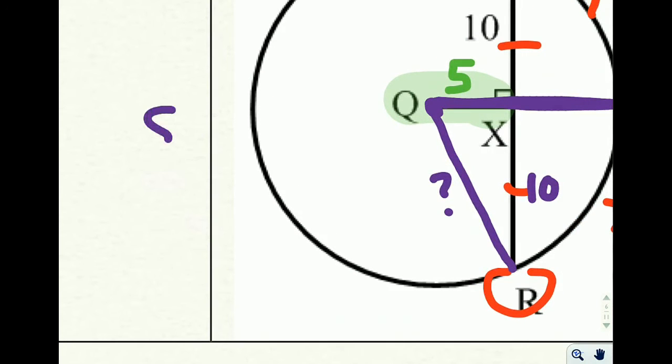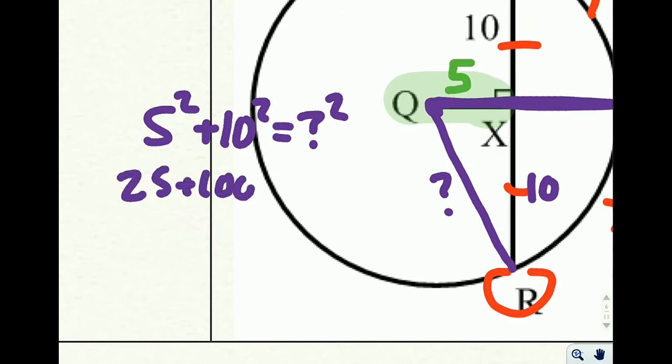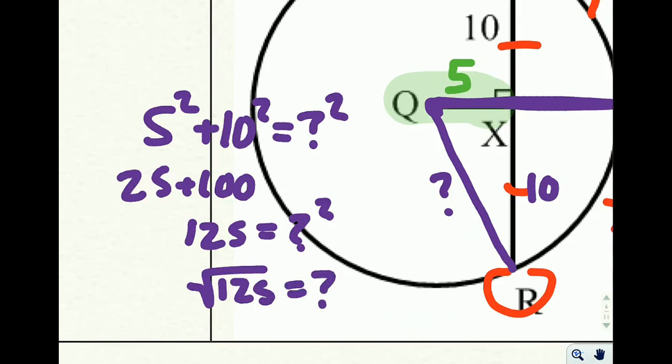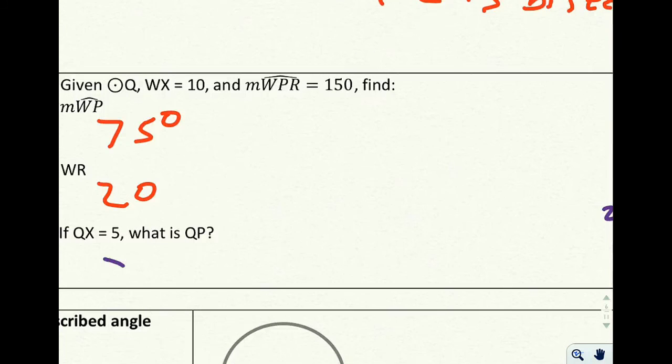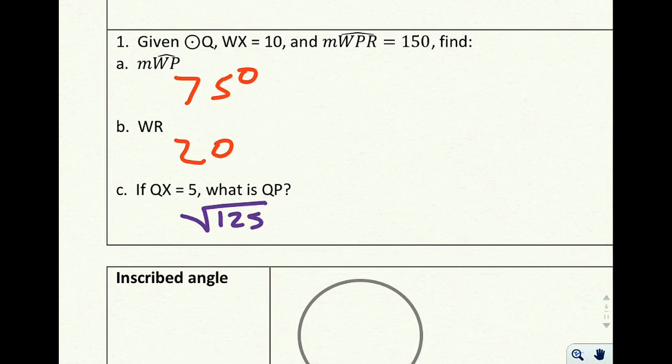We have 5 squared plus 10 squared, because we have our two legs, is equal to our unknown side squared. So 25 plus 100, which is 125, is equal to our unknown side squared. So square root both sides, and we know that the square root of 125 is going to be our radius. So QP, also a radius, has a length of square root of 125. You could round that and get a decimal, but keeping it exact is also a good way to do it.